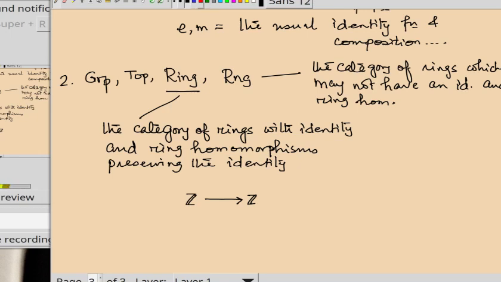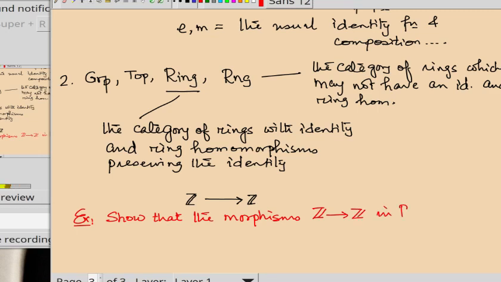Show that the morphisms in Rng and Ring are different.